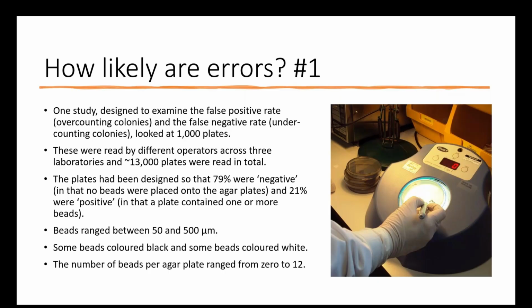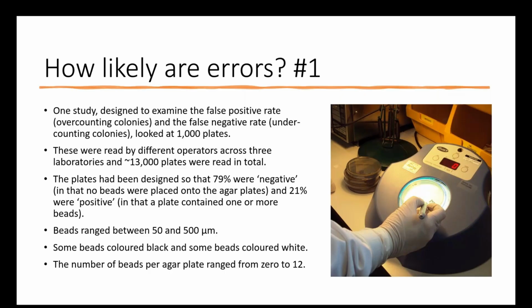So to assess this, around 1,000 plates were read by different operators, and these operators were based in 3 different laboratories. So that combination of number of operators, number of laboratories, and the 1,000 plates led to about 13,000 plates being read in total. And the plates were designed so that 79% were negative and 21% were positive.